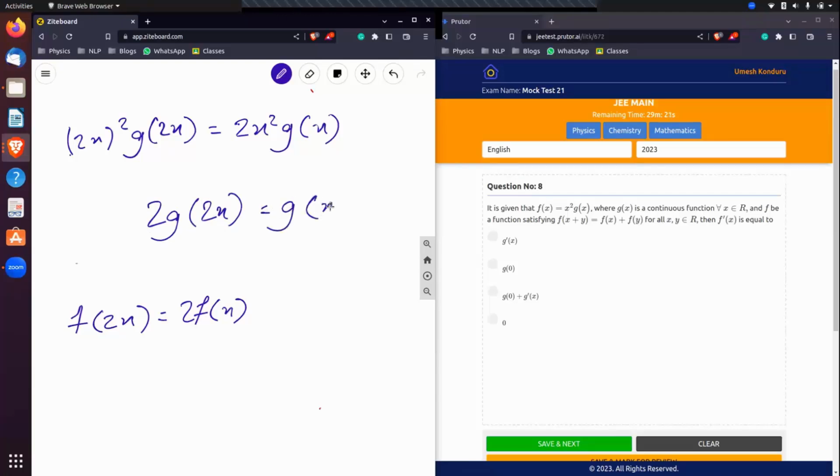So we get the exact reverse. And now if you put in x equals 0, you get g of 0 equals 0. So that's something useful that we have found out.